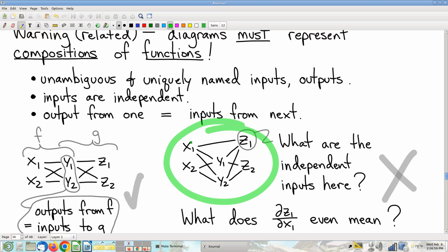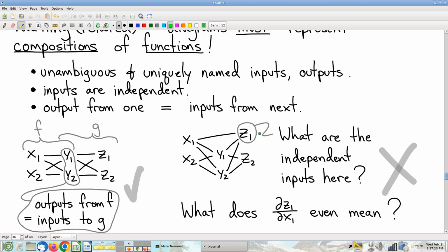There are weirder diagrams, such as what I have drawn here, that, as written, are just not a composition of functions. And notice that our chain rule, everything we've written about the chain rule, comes out of literally composing functions. Right? We composed these vector-valued functions. We got a fact about derivative matrices. We interpreted that, and everything came out of that.